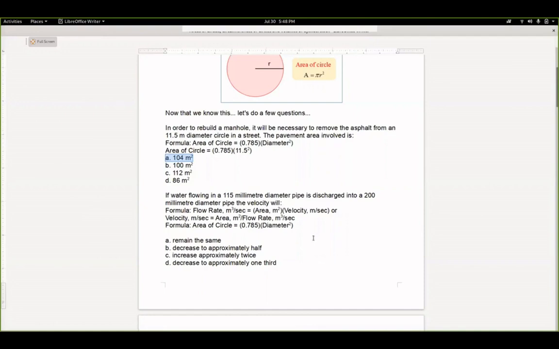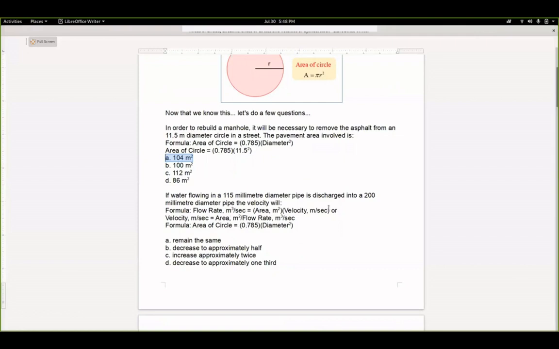Or velocity in meters per second is equal to the flow rate in meters cubed per second divided by the area in meters squared. So the formula is area of a circle is 0.785 times the diameter squared. So what will happen with the velocity? It's going from a 115 millimeter diameter pipe to a 200 millimeter diameter pipe.